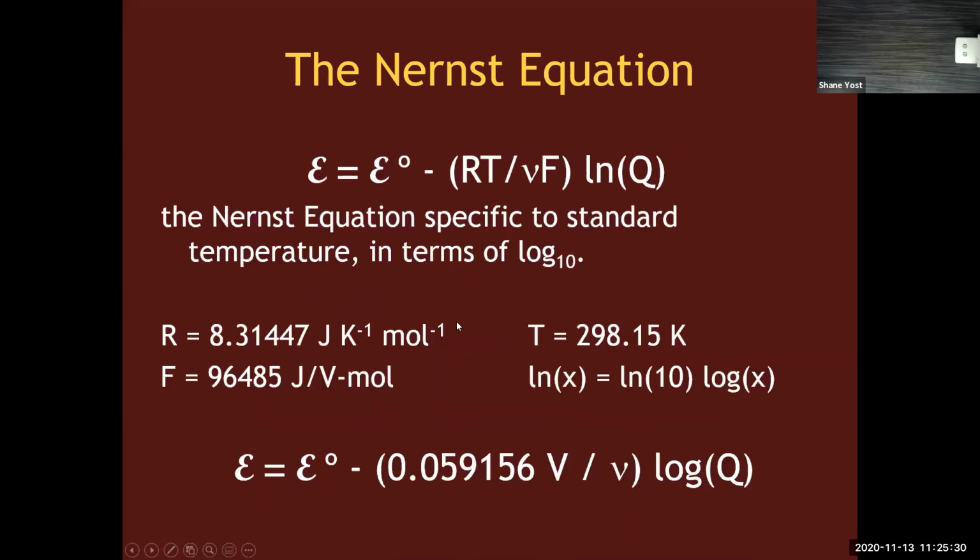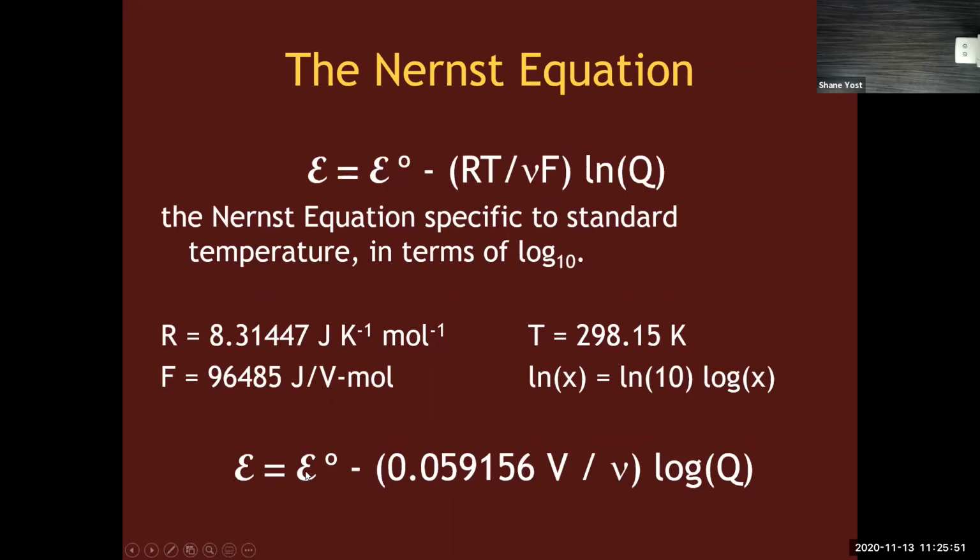At 298 Kelvin, roughly room temperature, and converting the natural log to a log base 10, you get this other form of the Nernst equation, plugging in the constants.